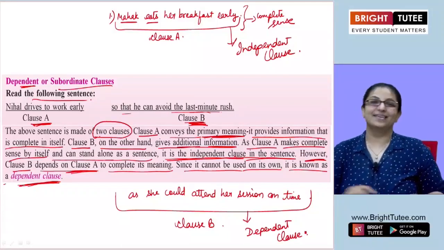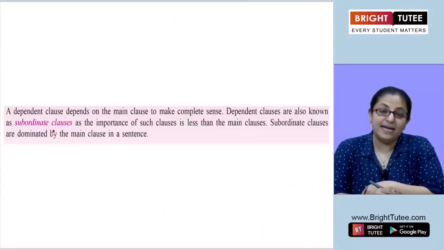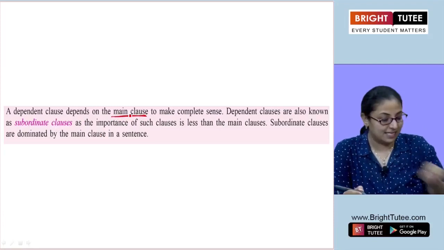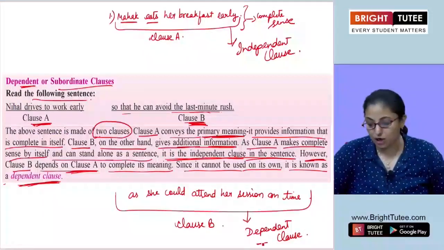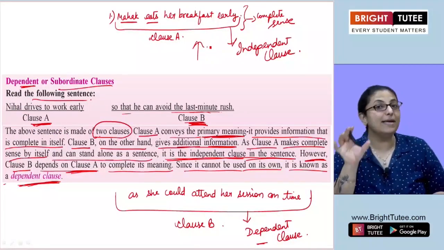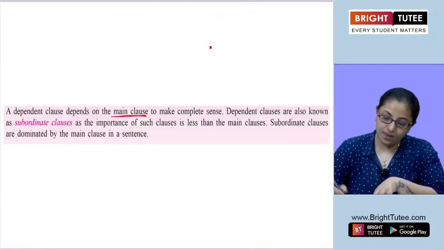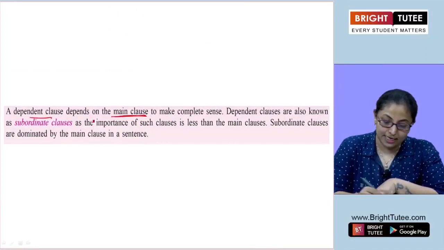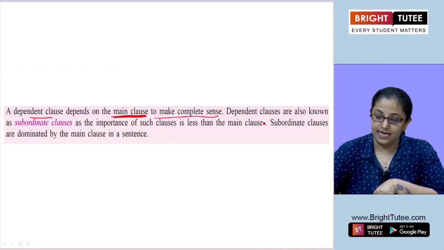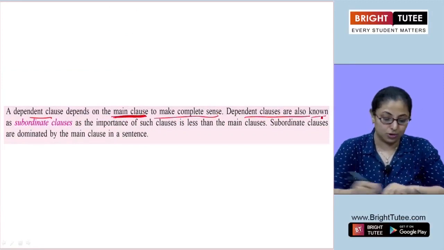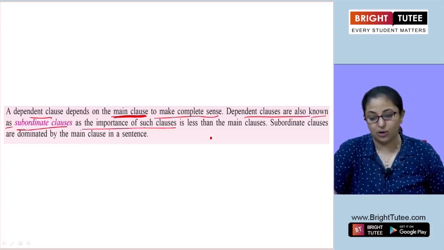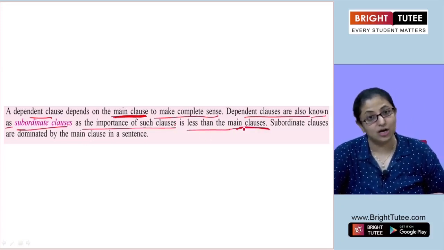Understood? Now, a dependent clause depends on the main clause. As we just read, the dependent clause here is dependent upon clause A, which is the main clause. A dependent clause depends on the main clause to make complete sense. Dependent clauses are also known as subordinate clauses, as the importance of such clauses is less than the main clauses.